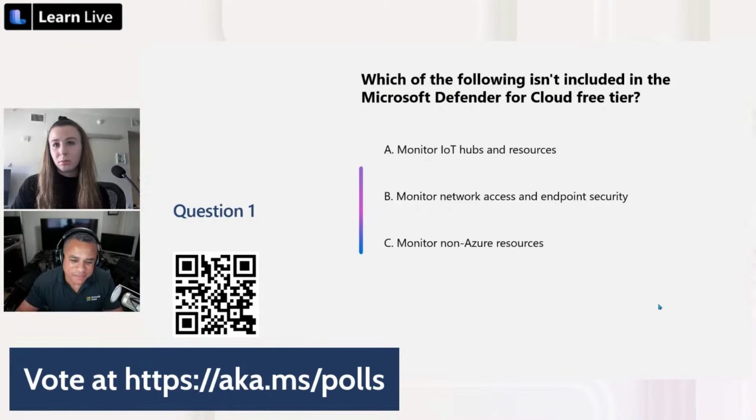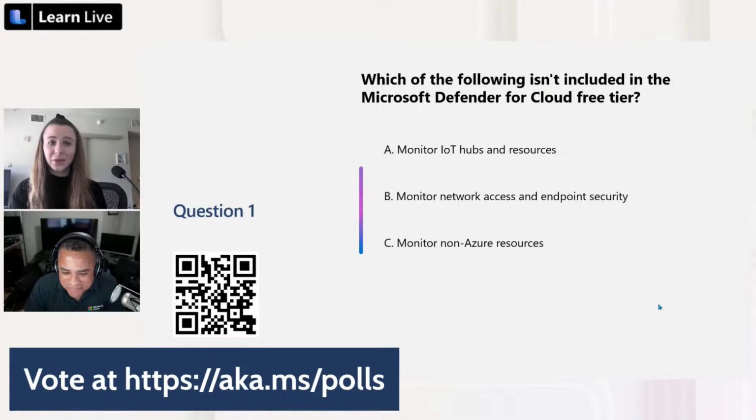So the recommendations that I get by default from Defender for Cloud continuously assessing the environment, I don't have to really pay for that, right? Initially. Right. And then monitoring non-Azure resources, this is technically going to be the answer.